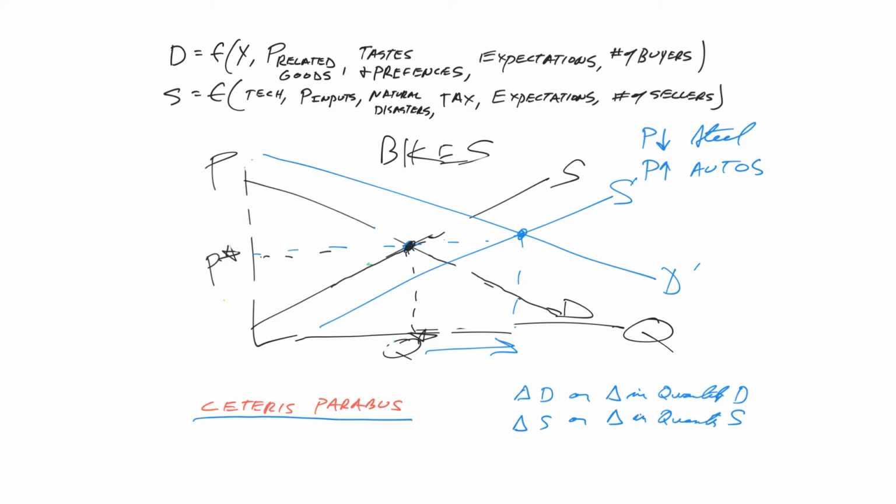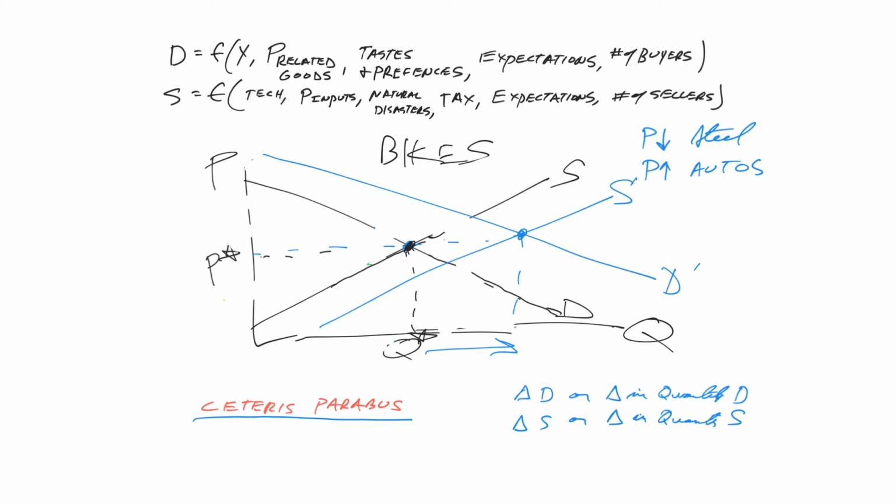The way I drew this, however, shows no change in price. But it all depends. It's inconclusive. We know that equilibrium quantity is going to increase because both the demand shift and the supply shift increase equilibrium quantity.